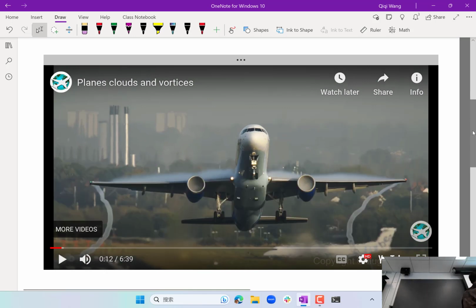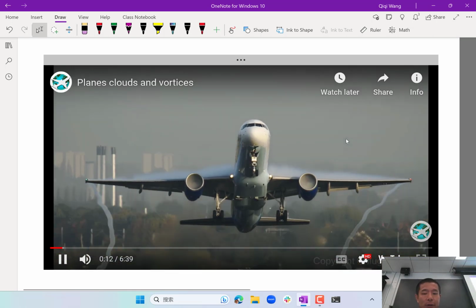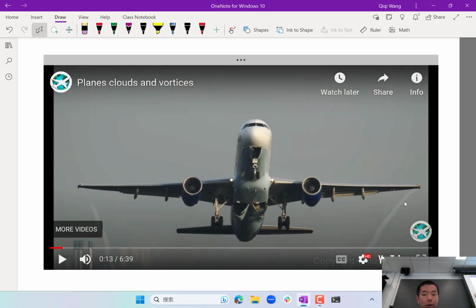This is not just moving down, but moving inwards. The outward motion afterwards is really because it is hitting the ground. That's the ground effect. But if it goes a little bit higher, you can see the outward motion stops, you still see the inward motion, and then it goes back. All right. Any more questions?